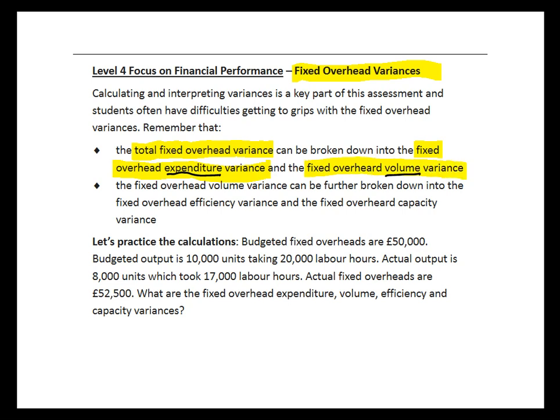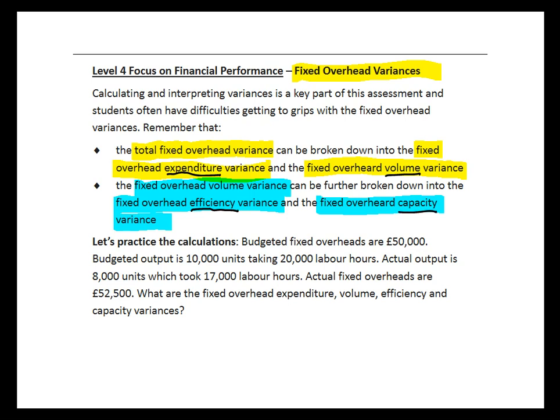So initially you can break it down into a pair of variances, the expenditure variance and the volume variance. We can actually then break the fixed overhead volume variance down even further. That can be split down into two further variances: the fixed overhead efficiency variance and the fixed overhead capacity variance.